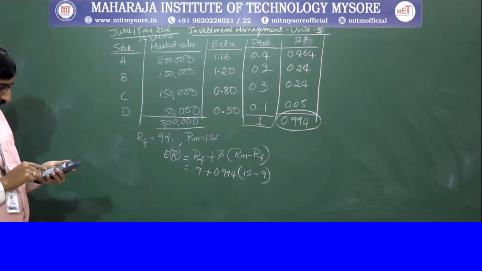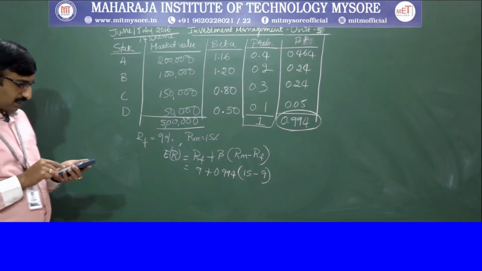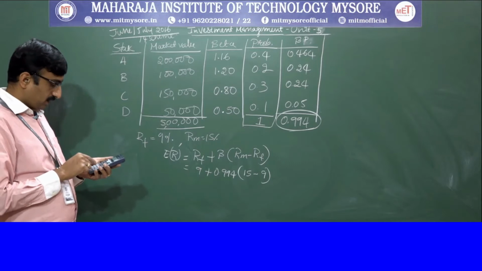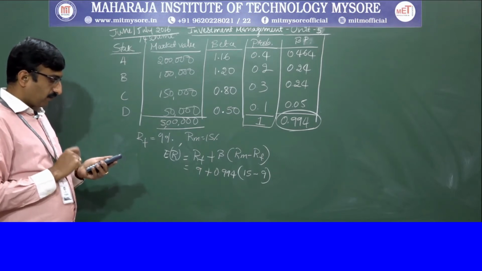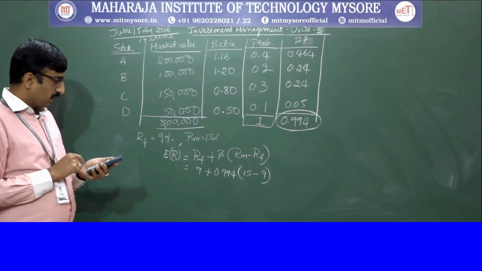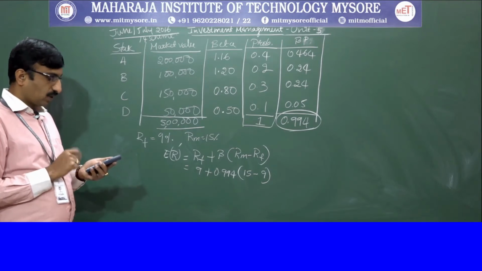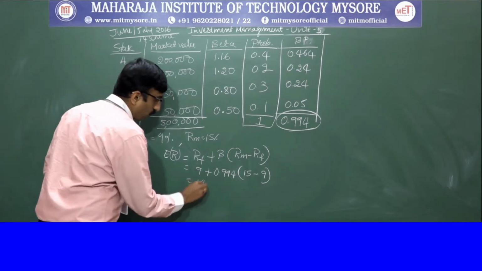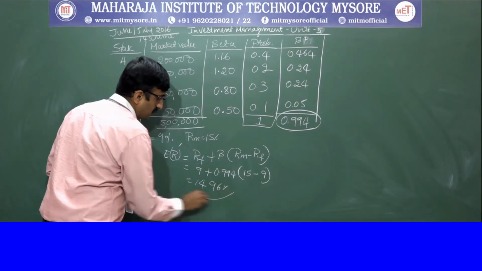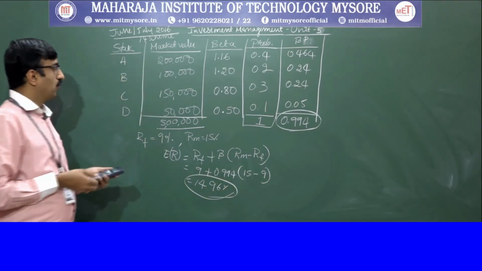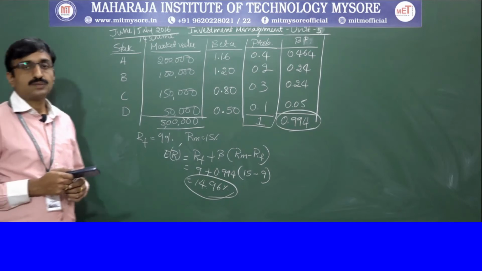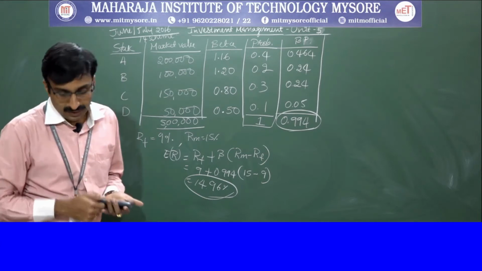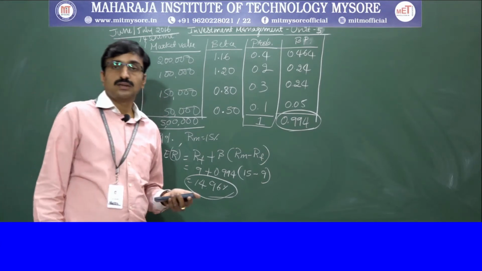Do the calculation: 15 minus 9 is 6, 6 into 0.994 you will get 5.964, add 9, and you will get 14.96%. This is the answer for the asked question. Hope you understood. It carries 7 marks. It's very simple, you can do it.